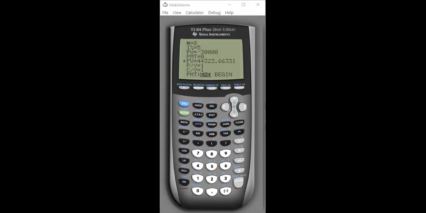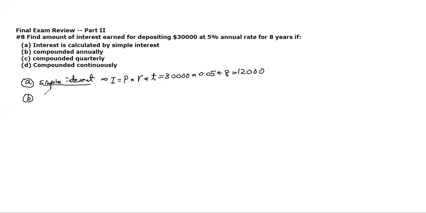Let me leave here and go back to my whiteboard. Okay, so if this is compounding annually, your future value is 44323.66. So your interest will be your future value minus how much you deposited.